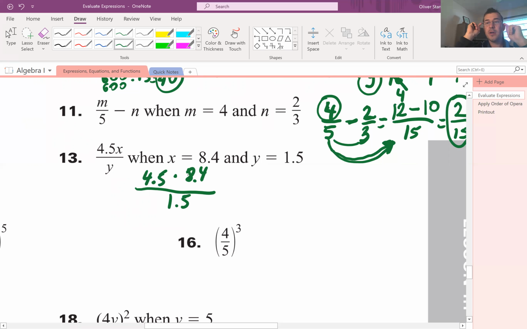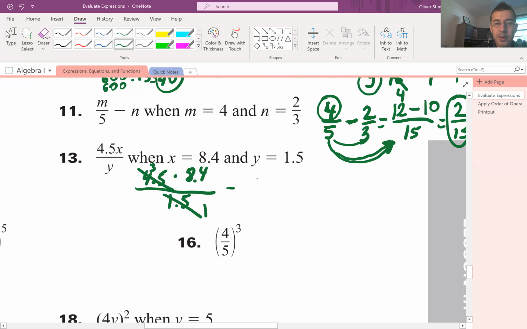Just think 15 and 45. Don't worry about the decimal, right? So 15 times 3 is 45. So in this case, we're going to cancel out 1.5 and 4.5 and divide by 1.5. So 1.5 divided by 1.5 is 1. And then 4.5 divided by 1.5 is 3.